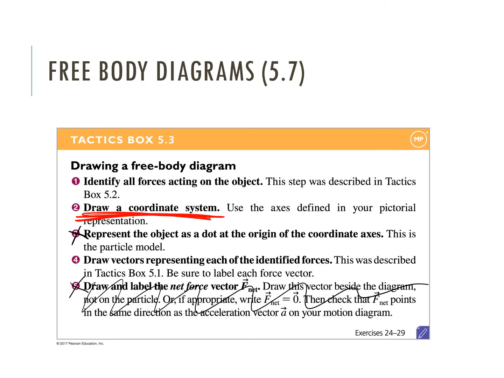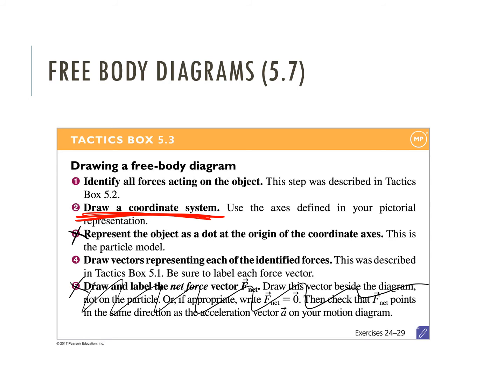Right now what we want to focus on in this class is how do we know which direction the forces are? How do we know what the values of the forces are? How do we know which direction they point in? That is what we're focusing on. We'll go through and calculate the net force in a lot of questions.